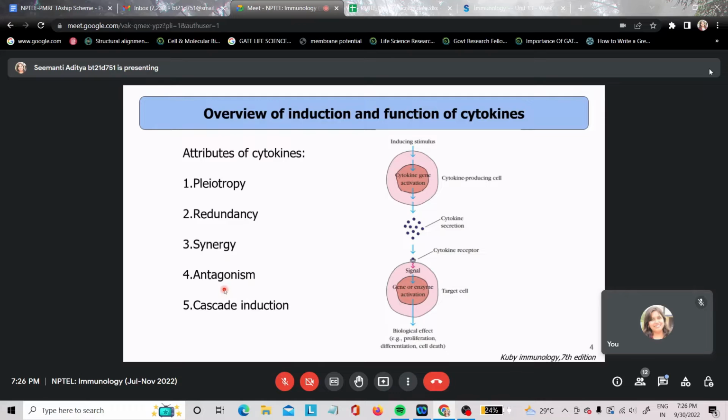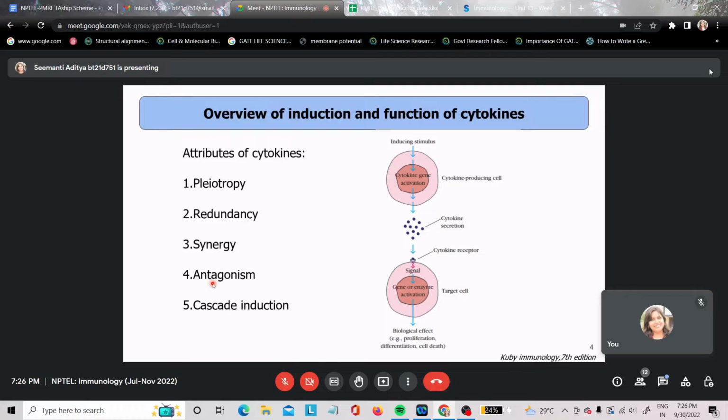The term antagonist comes from any molecule which inhibits any kind of reaction. So IL-4 and IFN gamma help in inhibiting the class switching reaction, and they act as antagonists. Why is this necessary? Because all the time we need a balance to be maintained.